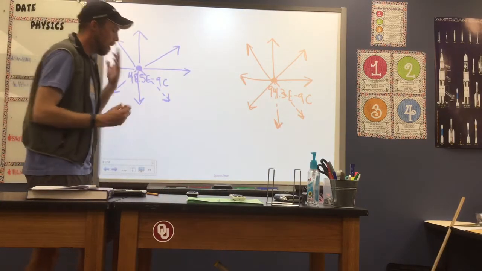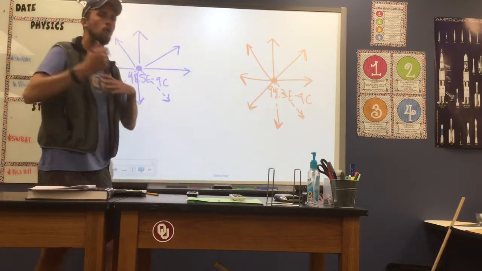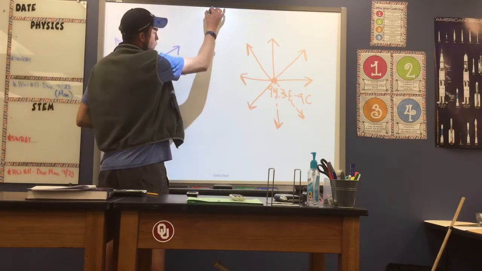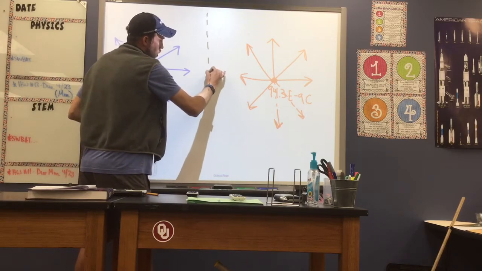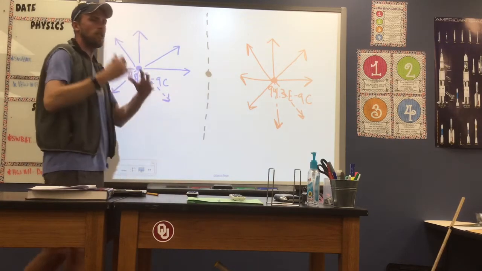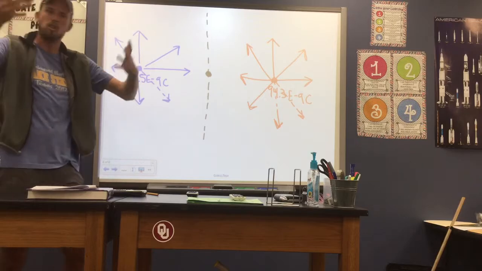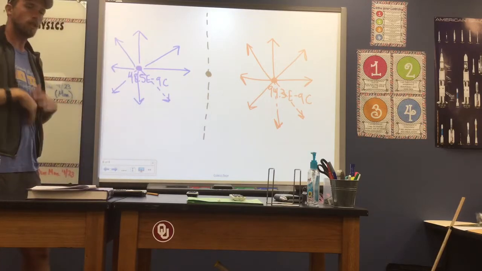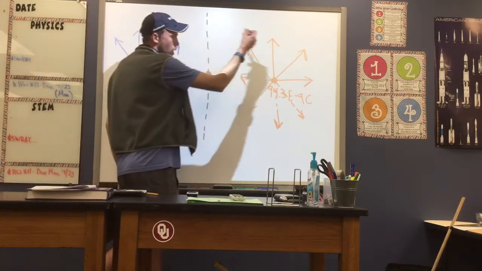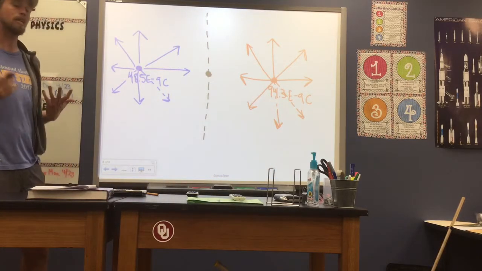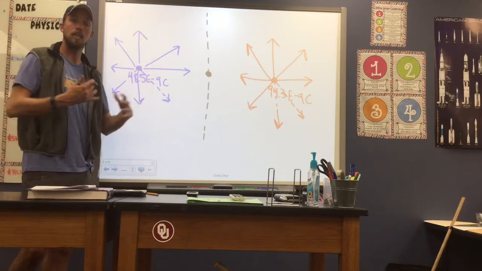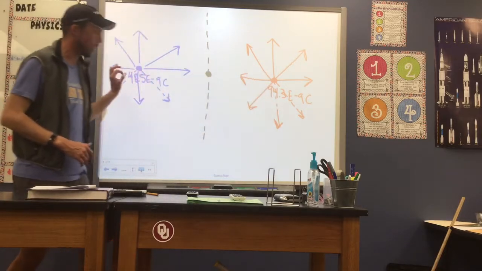Now, because this is asking us to figure out what the overall field would be midway between them, it's going to be our job to figure out which of those fields is going to be a little bit stronger. It's going to win that battle. Our field on the right is going to be a little different than our field on the left because there are two different source charges there, right?